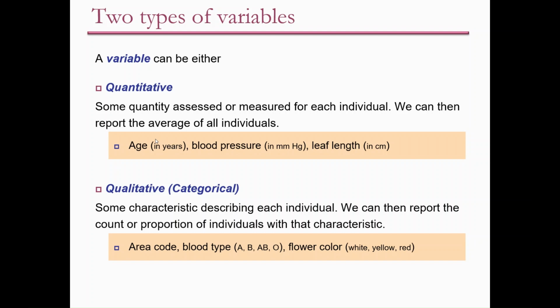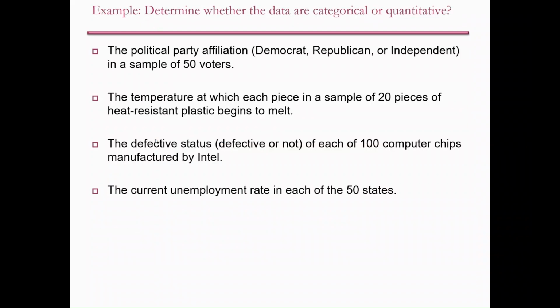But for quantitative data, we can have dot plots, stem and leaf plots, histograms, and box plots. And when we have multiple quantitative variables, we'll have something we call a scatter plot. All right, let's take a look at our next slide.